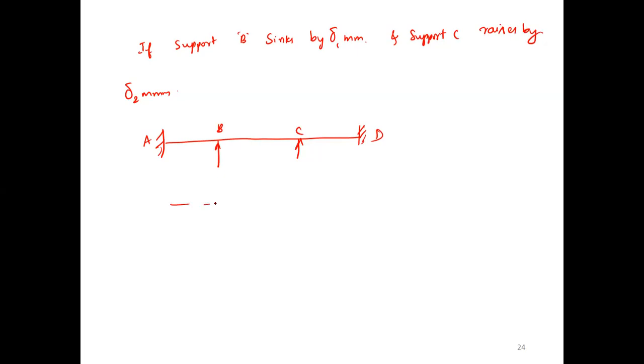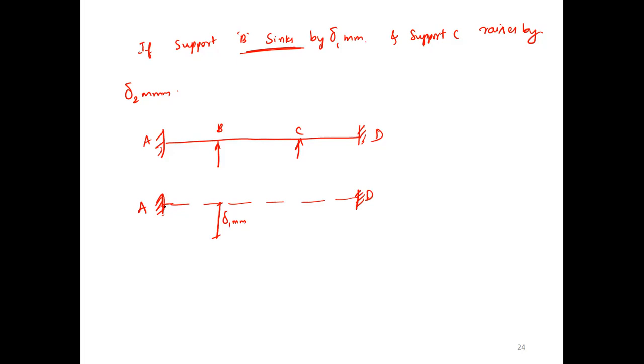Now, this is the imaginary horizontal section. A is not sinking, right, it is as it is. D is also not sinking, as it is. But B is sinking or rising. Sinking means below the baseline, sinking by delta 1 mm.